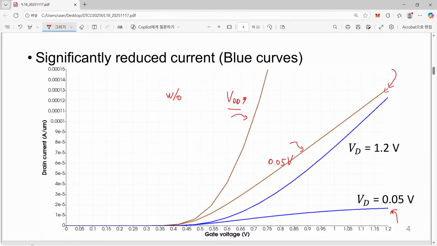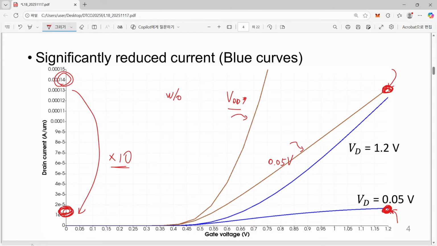If we include this model, its value at gate voltage equal to 1.2 VDD is something like some numbers around here. And when we have the correct mobility model, then we have the numbers around here. It is like just a 10 times reduction of our current.